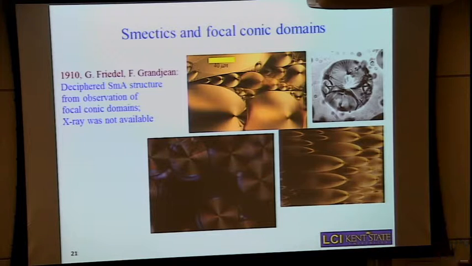And he said, this material must be comprised of fluid layers stacked on top of each other, and these layers must be equidistant. So that was an amazing prediction if you think that it was made about the structure of matter at the scale of nanometers from observing the stuff under the optical microscope.